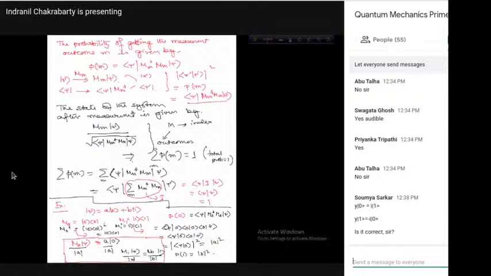So the probability of getting the measurement outcome is given by psi dagger M_m dagger M_m psi, right? M_m when applied on psi will give you another state.